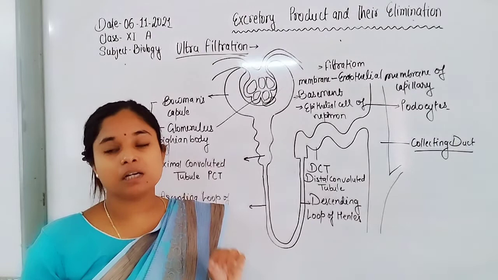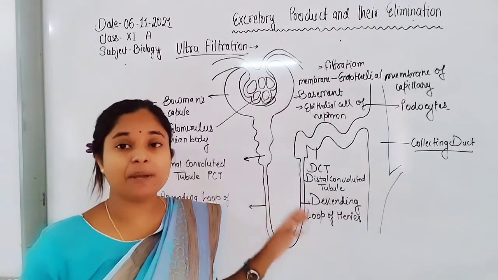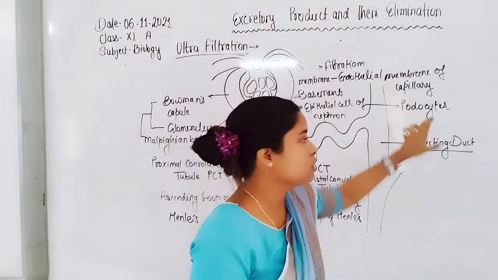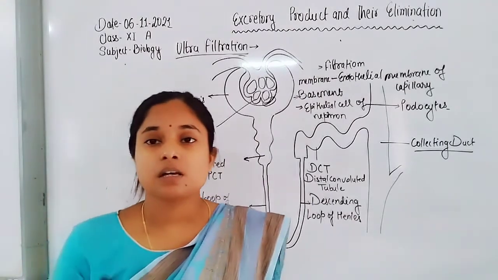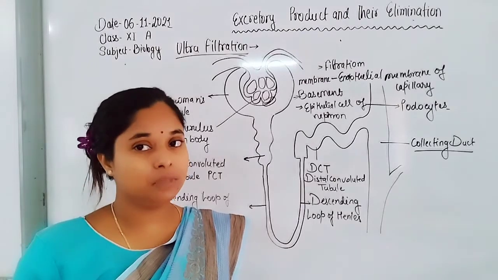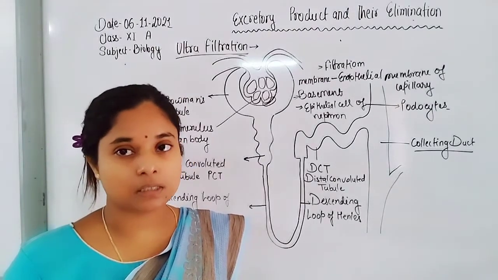All the plasma content transfers into the Bowman capsule through the podocyte cells, because they have a specialized diameter which does not permit the transfer of protein and blood corpuscles.